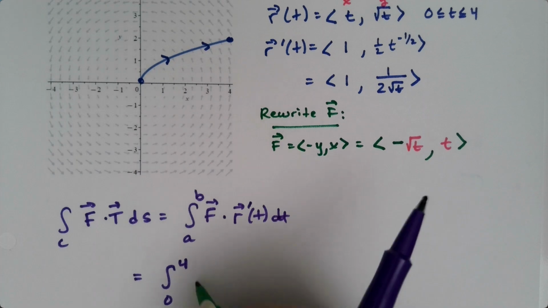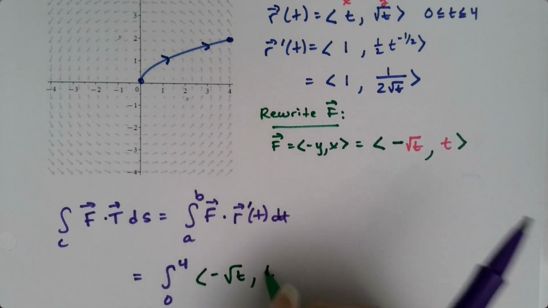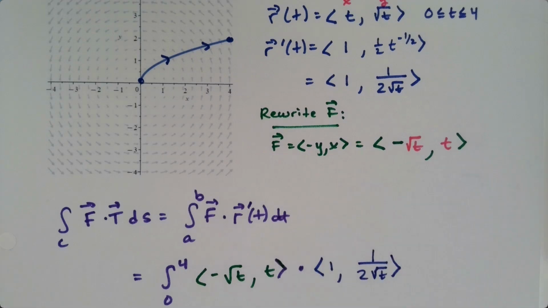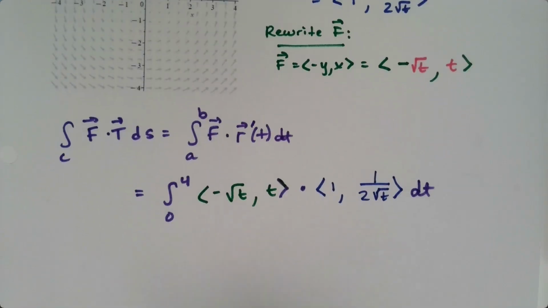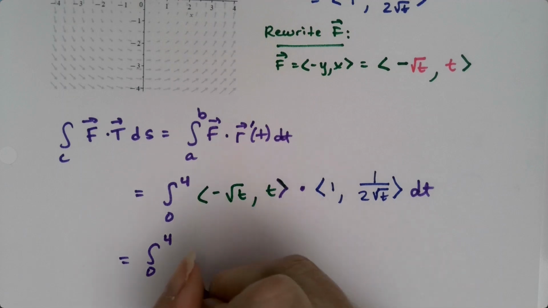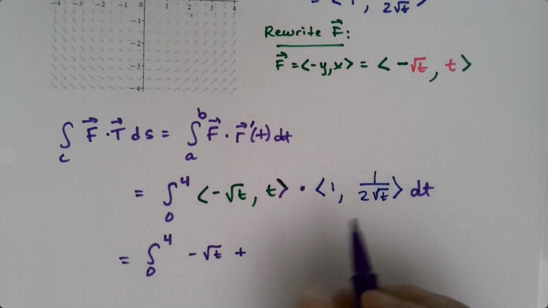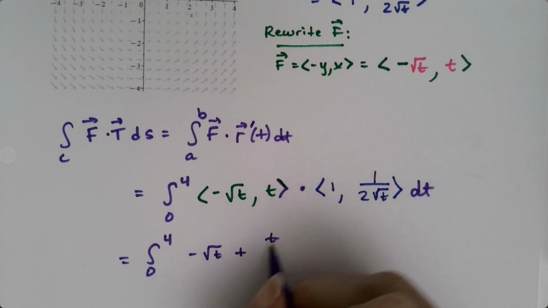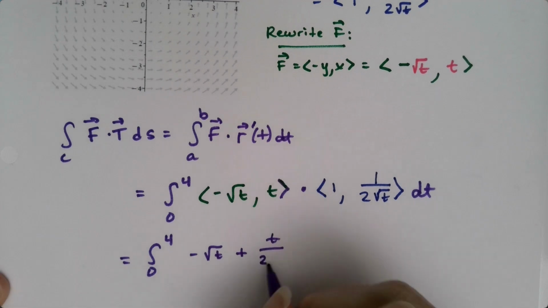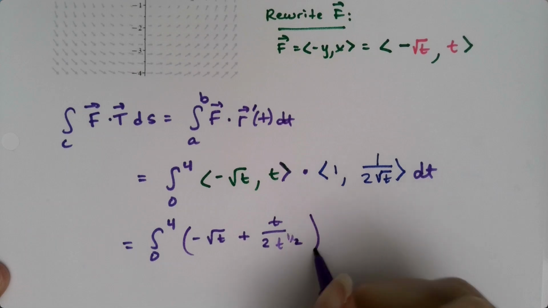F is now negative square root of t, and r prime is 1 over 2 square root of t, dt. Multiplying, this is the integral from 0 to 4 of negative the square root of t plus t over 2 square root of t, or t over t to the half, if you will. That might make it easier to see what you have to do in a second.